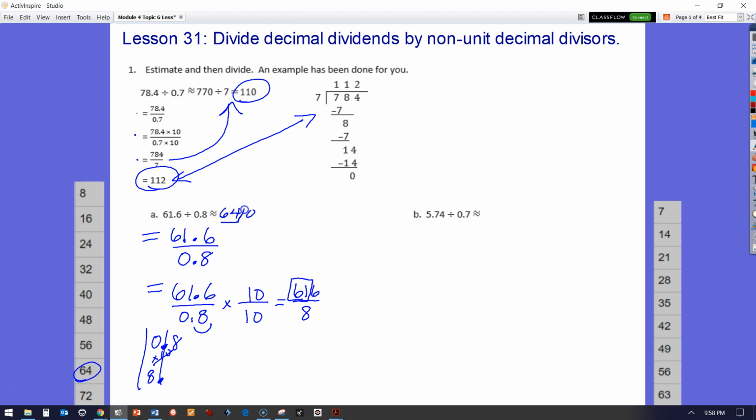The reason I'm doing that is because 64 is a multiple of 8, so when I divide by 8, it'll be nice and easy. 1, 2, 3, 4, 5, 6, 7, 8. But not just 8, it has to be 8 tens. Since I have 64 tens divided by 8, it will be 8 tens. All right, so my true quotient should be somewhere around 80.